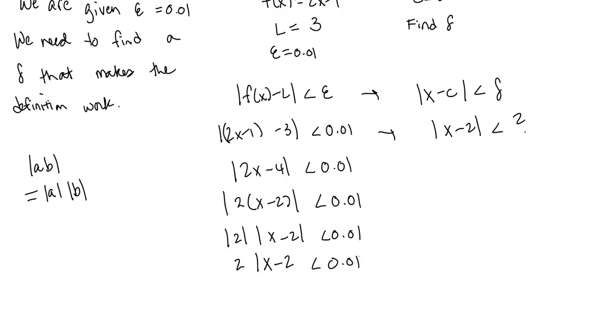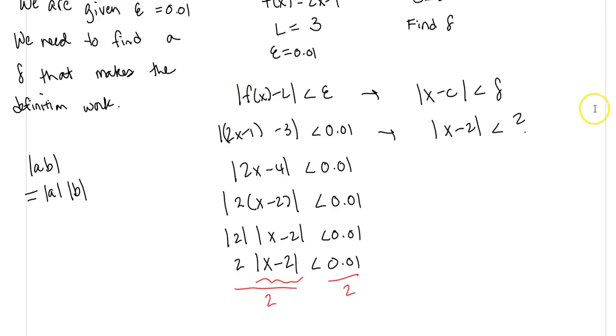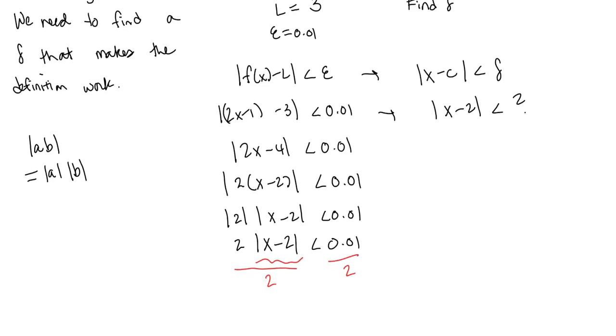Now I'm almost there. I have 2 times the absolute value of x minus 2. I want to get this absolute value of x minus 2 by itself, so the easiest way to do that is just to divide both sides of the inequality by 2. And when I do that, I have that the absolute value of x minus 2 is less than 0.01 over 2.